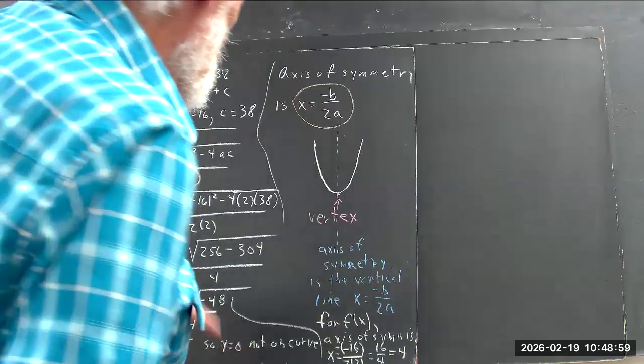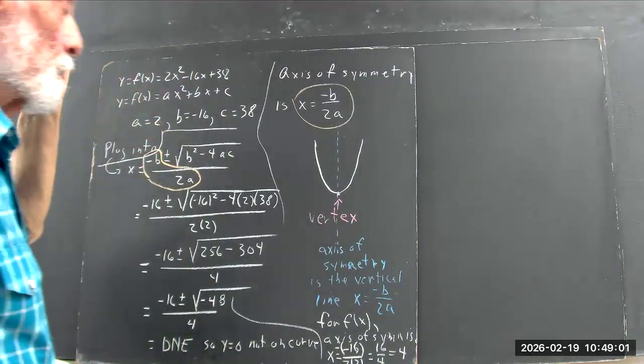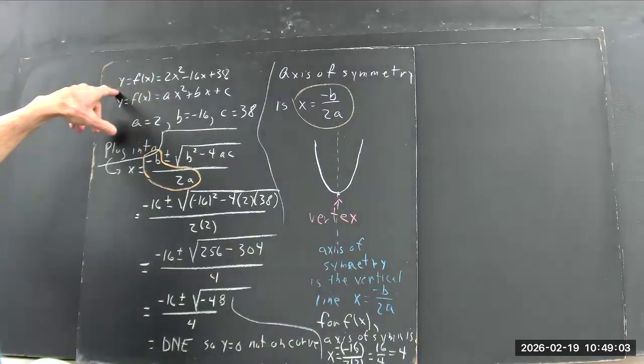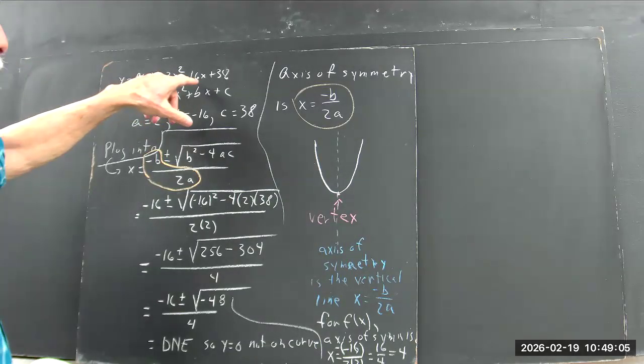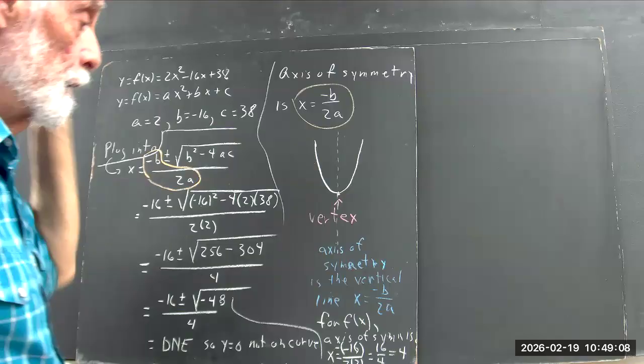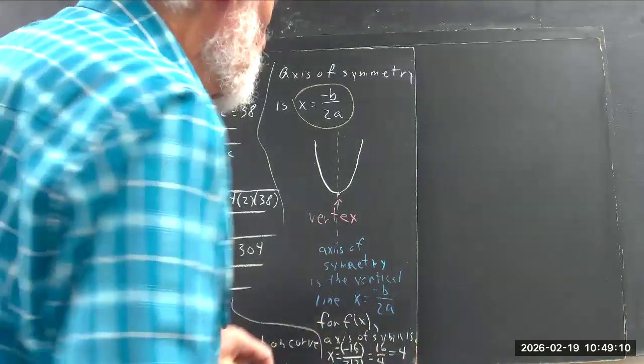All right, now we've determined that the graph y equals f of x equals 2x squared minus 16x plus 38 has axis of symmetry x equals 4.